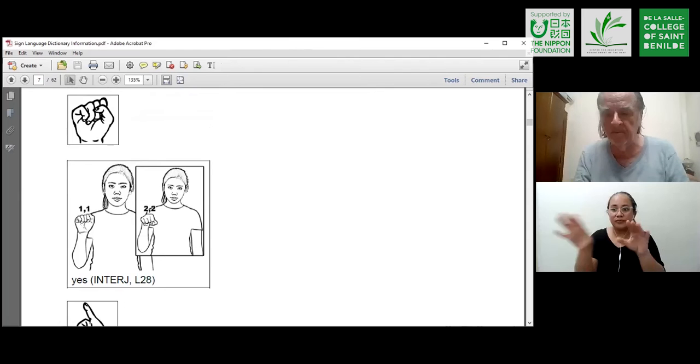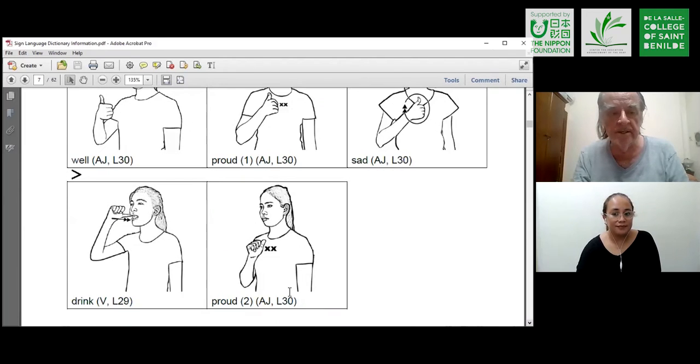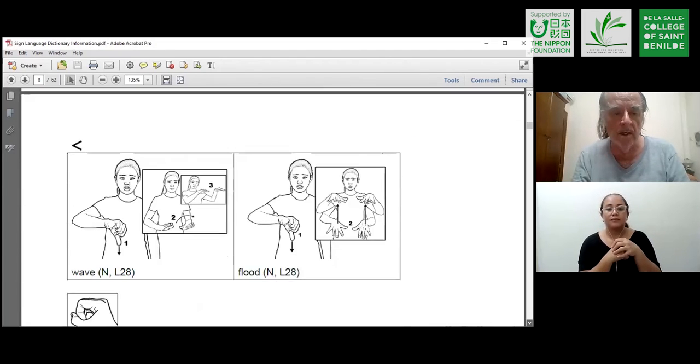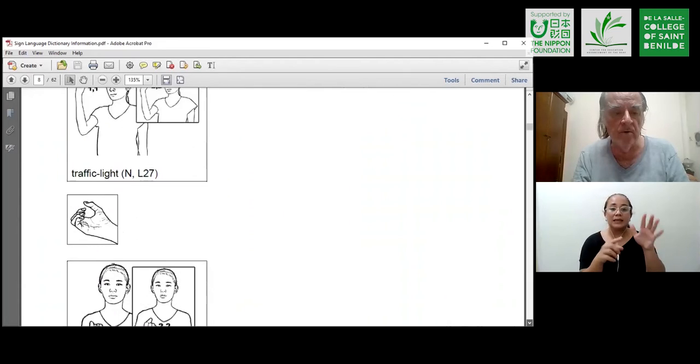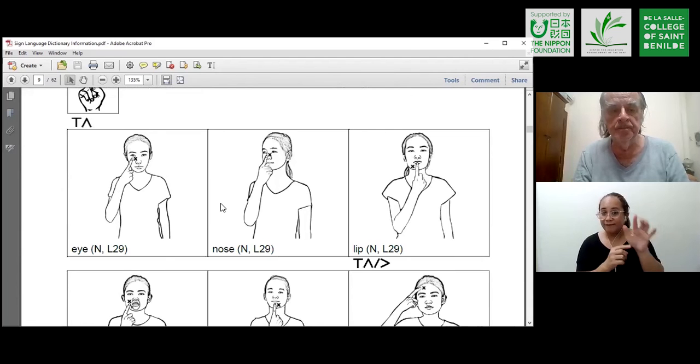Now also, here's an example where you have only palm orientation. And here's an example where you have palm orientation. And this is an example where you have both palm and finger orientation.